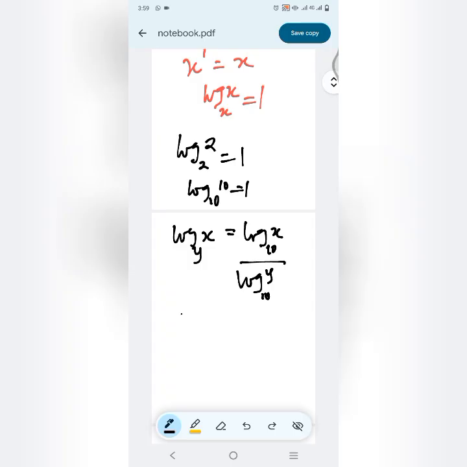A very good example is if I give you log 120 to base 5. How do you begin? I can decide to convert all of this to base 10. So this is the same thing as log 120 to base 10 divided by log 5 to base 10.